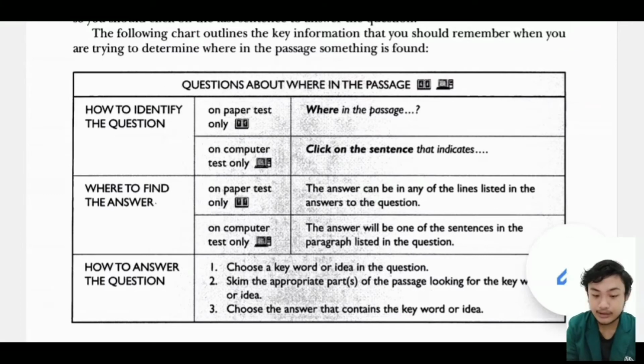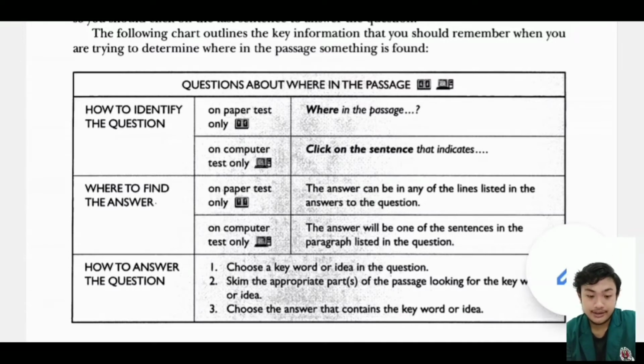On the computer test only: click on the sentence that indicates where to find the answer. On the paper test only, the answer can be in any of the lines listed in the answers to the question. On the computer test only, the answer will be one of the sentences in the paragraph listed in the question.